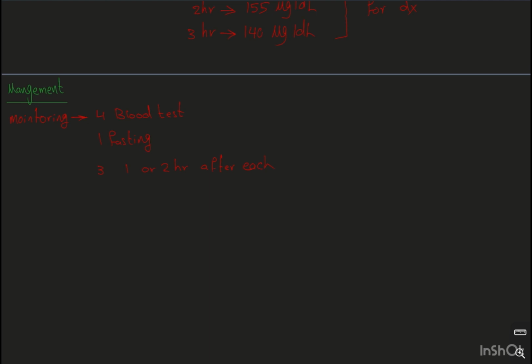We want a fasting blood level less than 92 milligrams per deciliter, and the 1 hour postprandial should be less than 140, and the 2 hour postprandial should be less than 120 milligrams per deciliter.